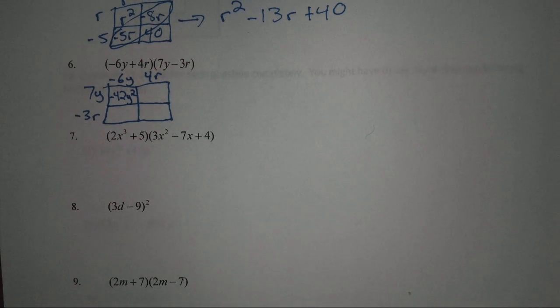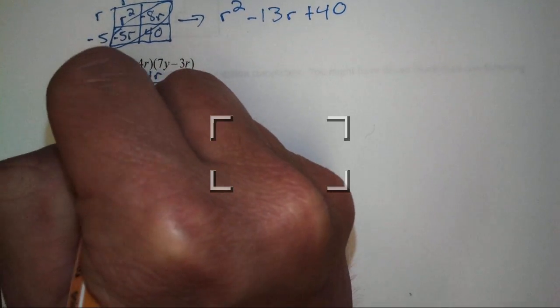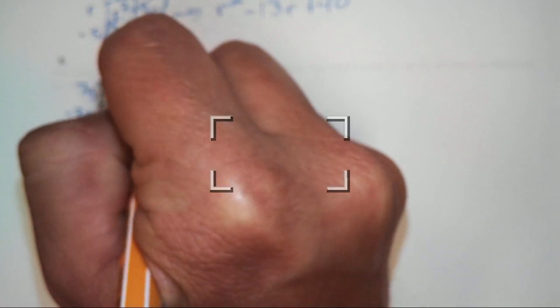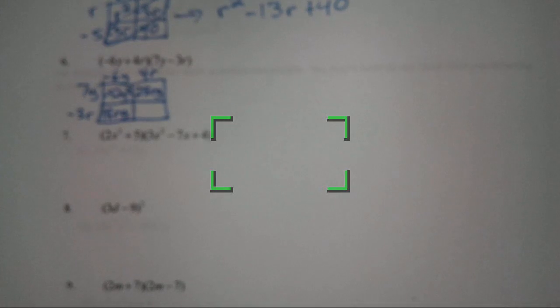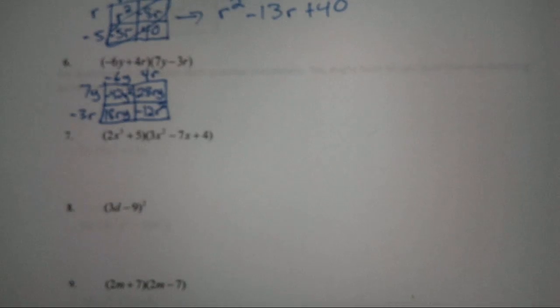We have a negative 3r and a negative 6y. That's going to make an 18ry. We have a 7y and a 4r. That's going to make a 28ry. And then a negative 3r and a 4r, which makes a negative 12r squared.